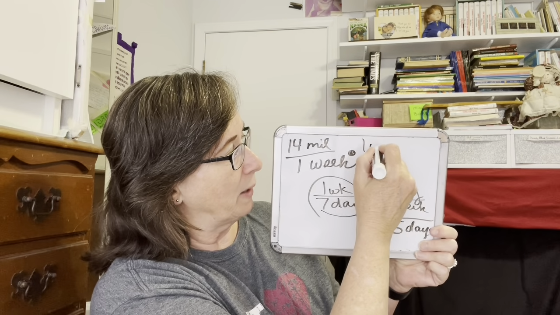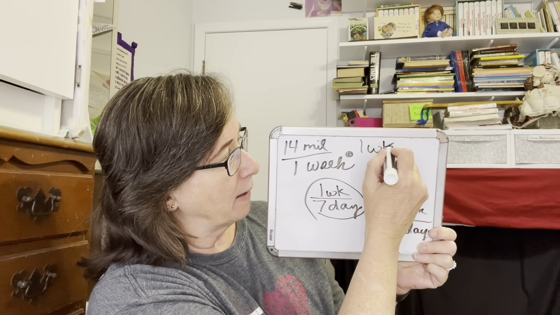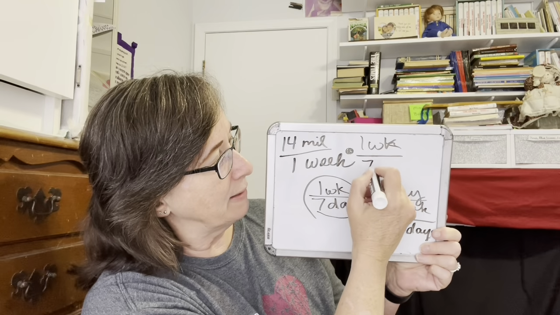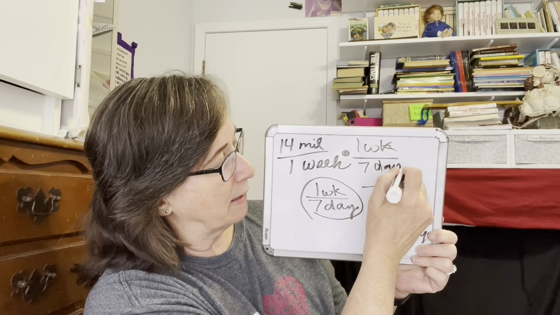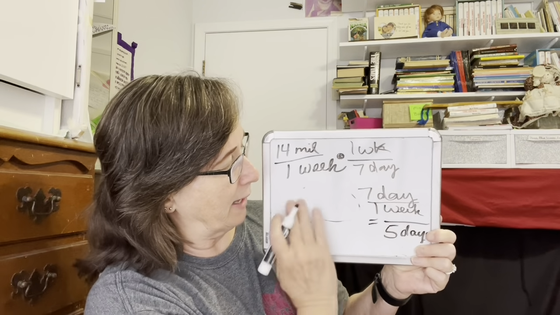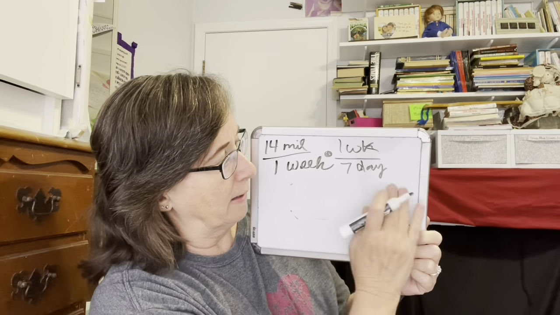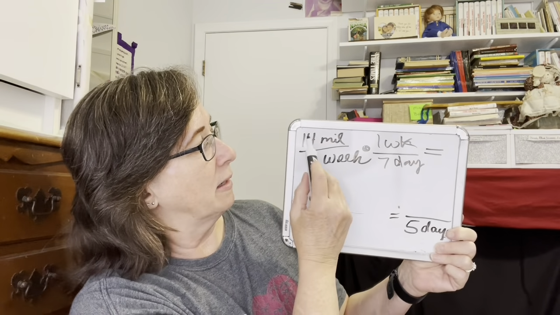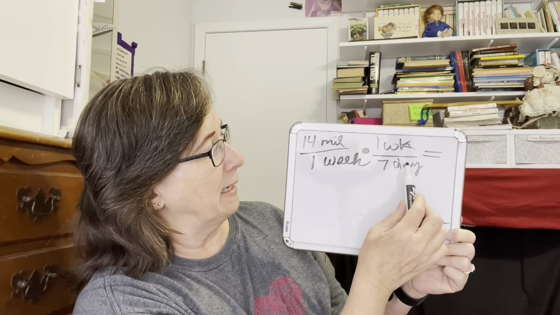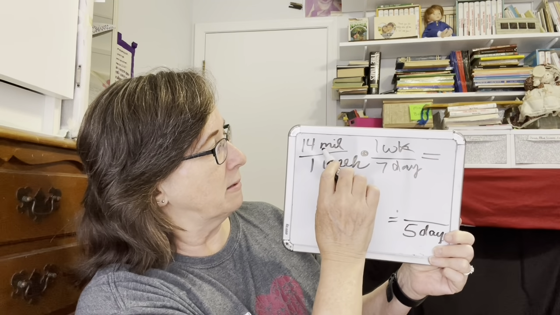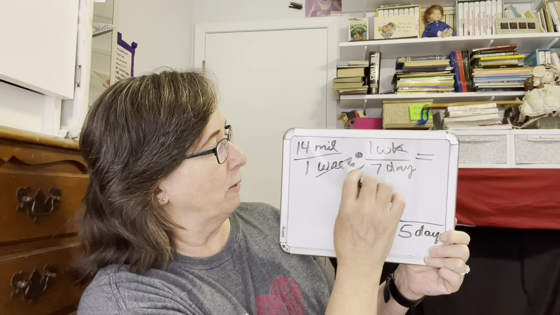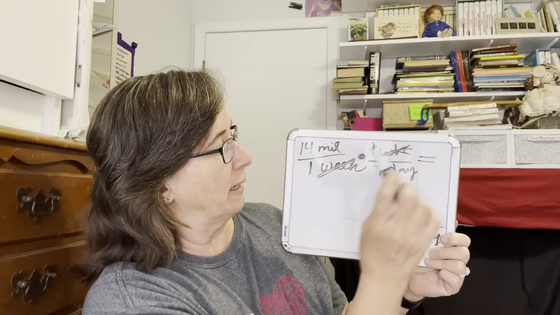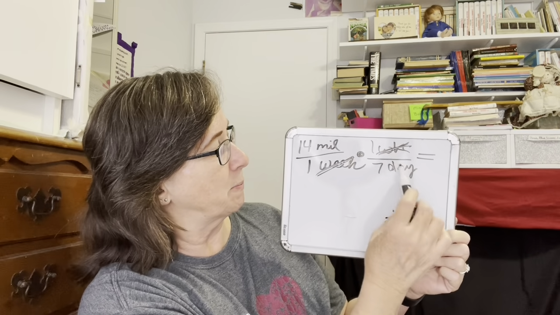So 1 week, 7 days. Okay, so I'm going to get rid of all of that. Okay, so now, what do I have? I have 14. Okay, so miles does not cancel anything. 1 week cancels 1 week. And we're going to be left with miles per day.